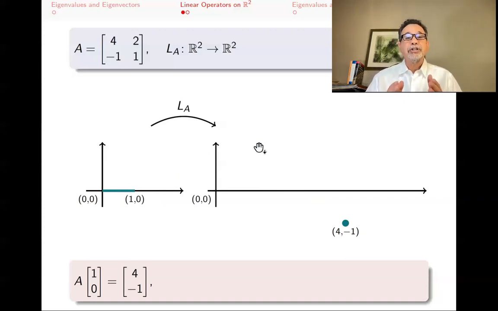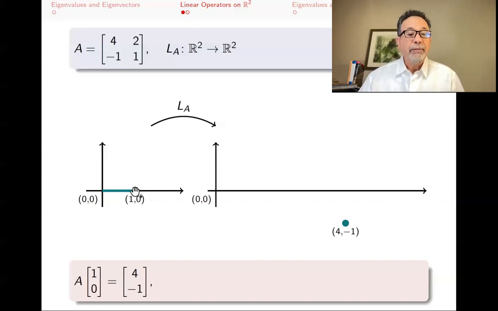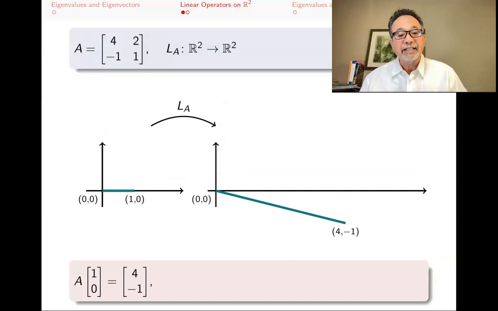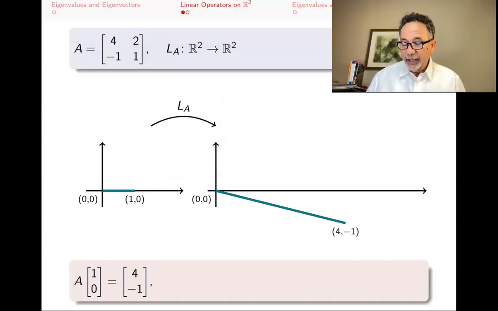Linear transformations send lines to lines, or if they're not invertible, they send lines to a point. So to a straight line. Because the origin goes to the origin, every linear transformation sends the origin to the origin, and (1, 0) goes to (4, -1), that whole line segment goes to this line segment. So you can think of this map taking that little line segment, stretching it and giving you this other one.